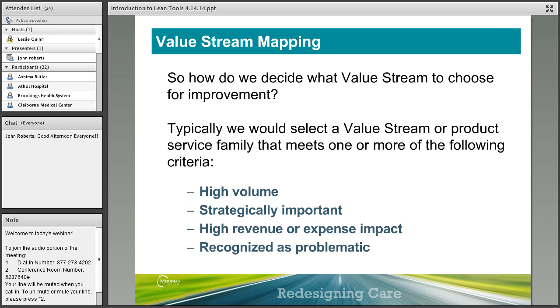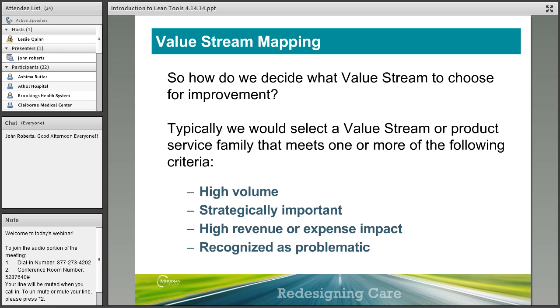We look at it when it's strategically important. For instance, we may look at it through medication management, making sure we're eliminating medication errors. Obviously, that's strategically important to us as providers and to the patients. We look at high revenue or expense impact.